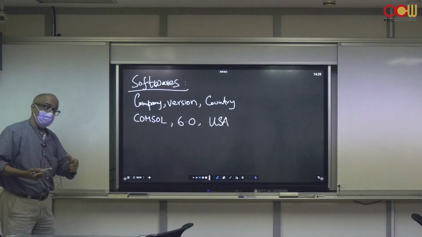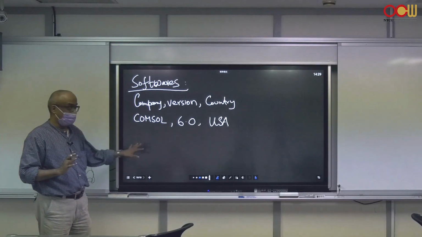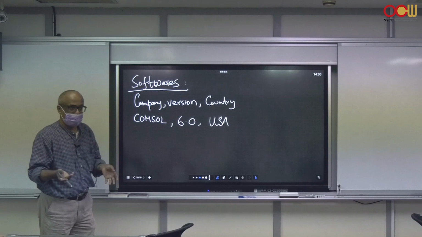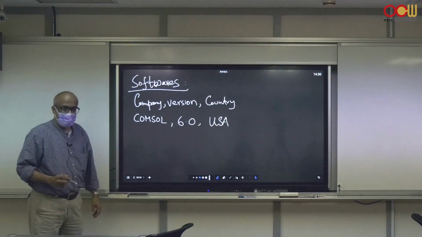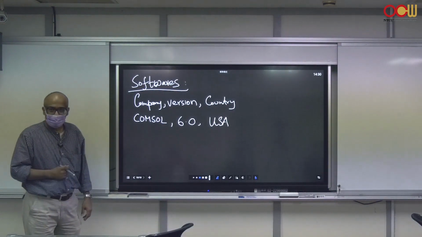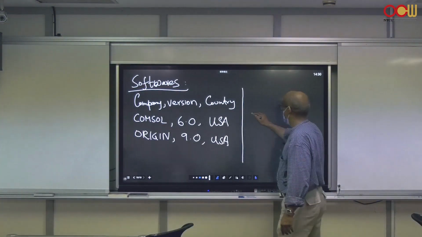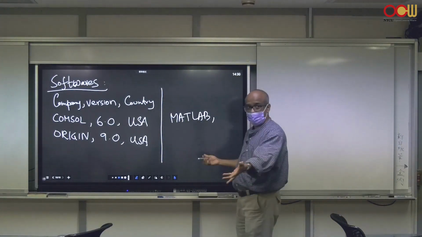However, you may also mention what kind of computer you are using, because for some computers the time is very important. So you are using like a workstation or a desktop or a laptop. You can mention that. If you are just using a common Origin software to make my graph. If you are using MATLAB, I don't know what is the version of MATLAB currently.